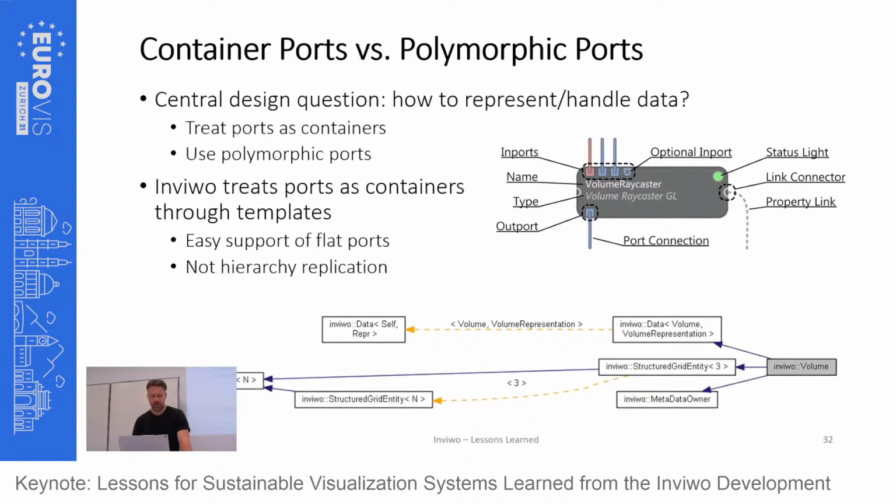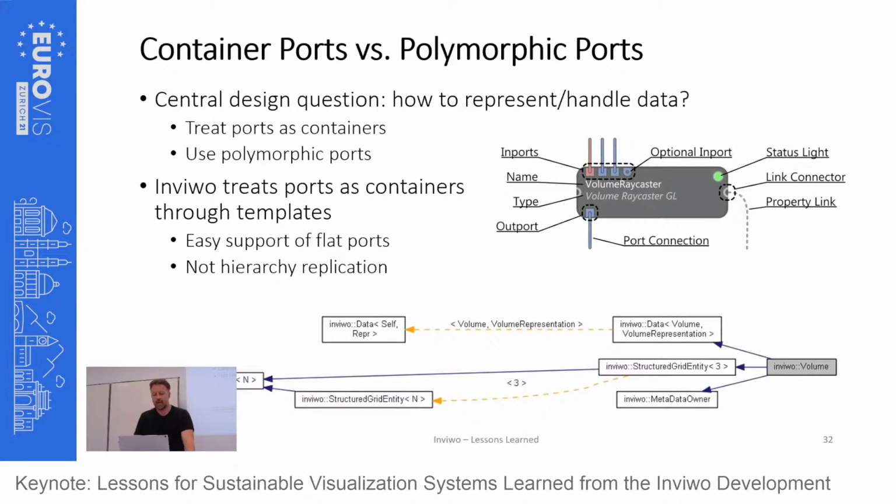Another difficult decision was about ports, how to deal with them, if they are container ports, as they are in Inviwo, or if they should be polymorphic ports, as VTK does it, for instance. So one is we have a container class, and the container class can contain, in our case, a data structure.